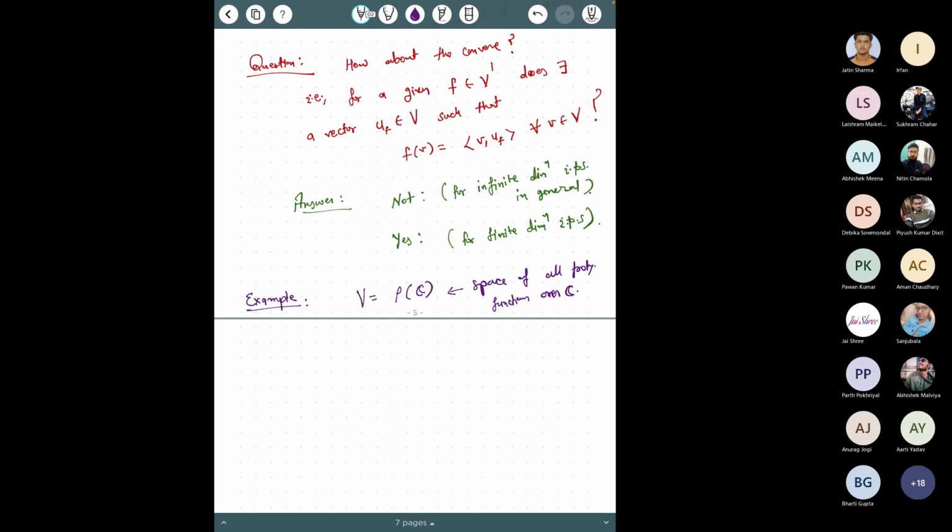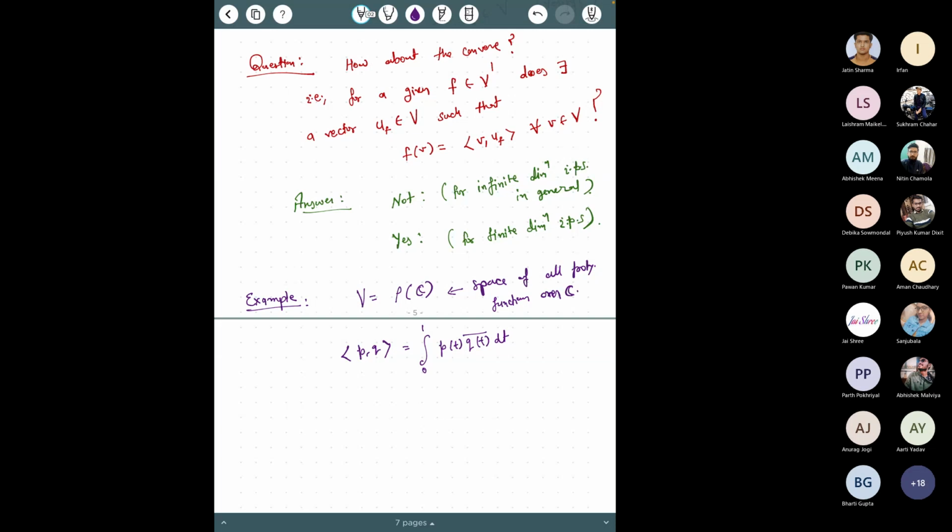Okay, and you take this inner product. If you take any two polynomials, then you send them to this one. So this is the inner product defined on V. So you consider this inner product space.